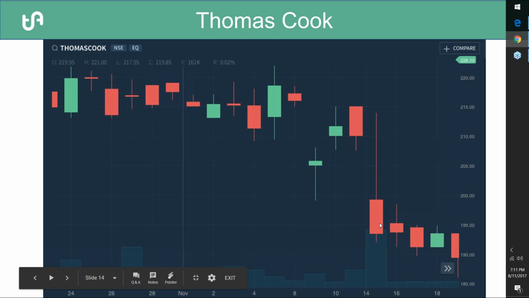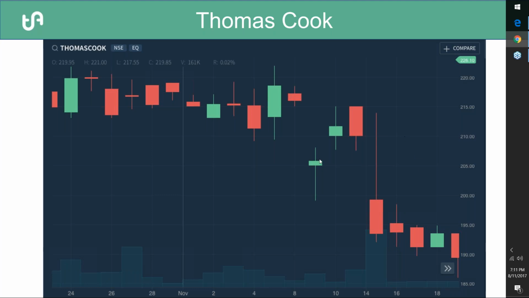What happened here is very interesting. Traders initially saw the news as good news, and then they realized that, you know what, this is not good news. And they brought the price all the way back down. That's what makes gravity a force that also applies in the stock markets.